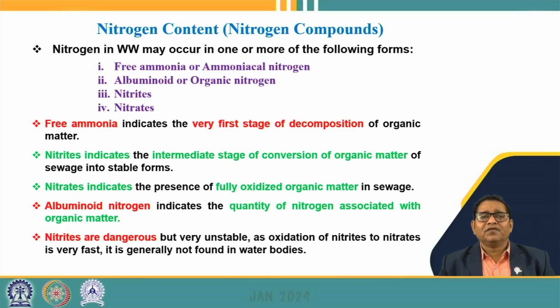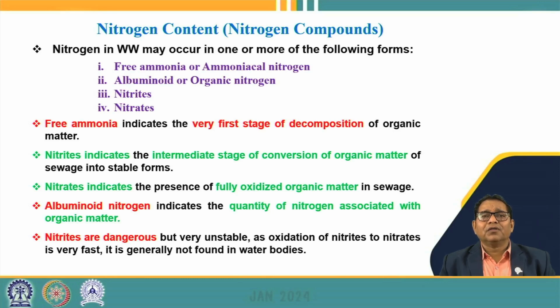it is very fast, it gets further oxidized to the nitrate form, which indicates the fully oxidized organic matter which is present in the wastewater. So this is the complete oxidation state of the nitrogen which is present in the wastewater.